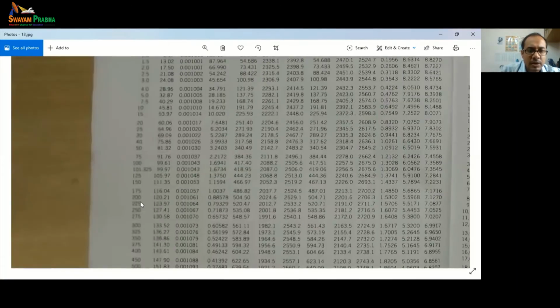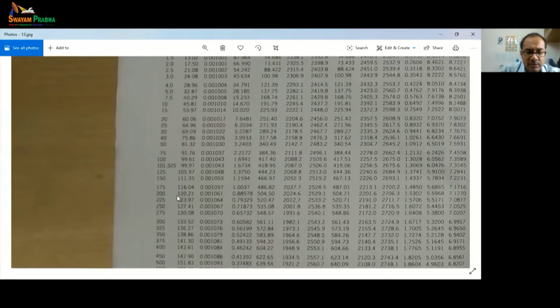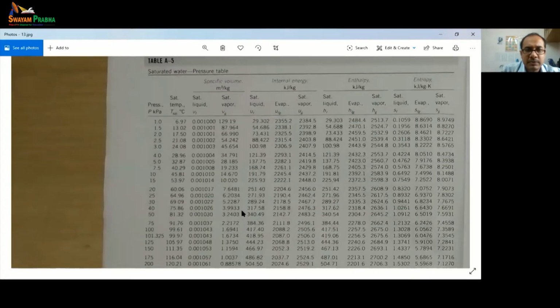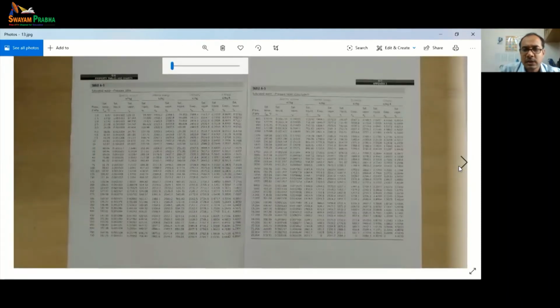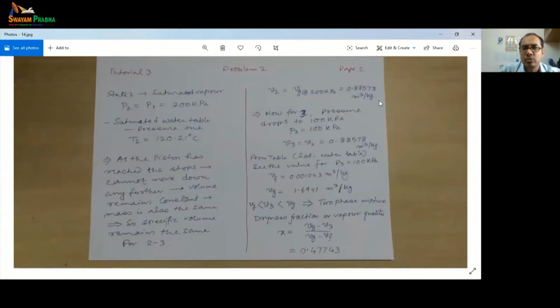At 200 kPa the temperature is 120.21, and the specific volume for vapor, because that's the state given, is 0.88578 meter cube per kg. This is the saturated vapor specific volume. So this value you pick up and write in place of V2, 0.88578 meter cube per kg.